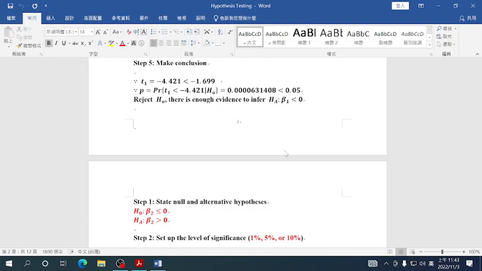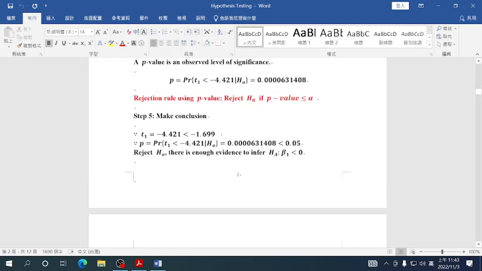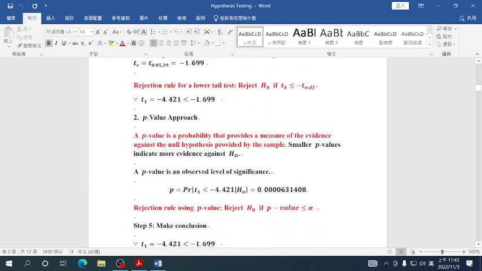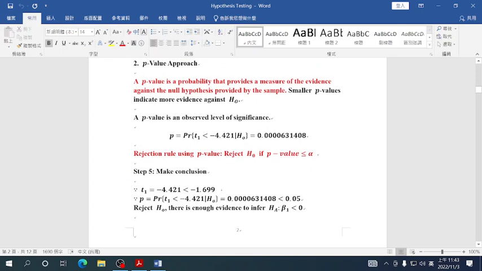Okay, this is what we call the critical value approach. Another approach also mentioned in our textbook is called the p-value approach. What is the p-value? The p-value is the probability that provides a measure of evidence against the null hypothesis provided by the sample.